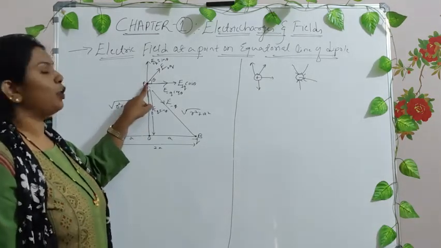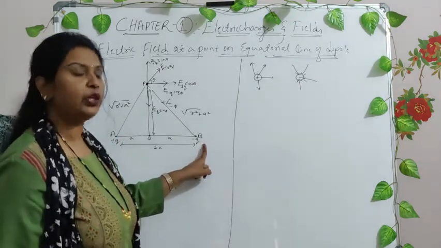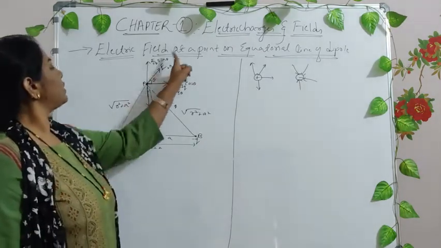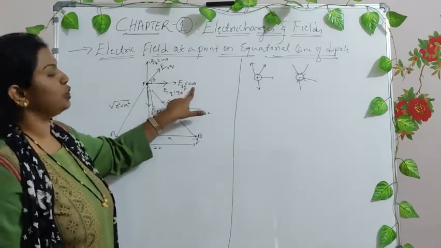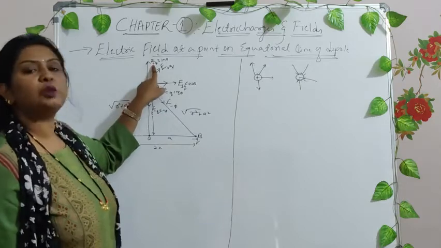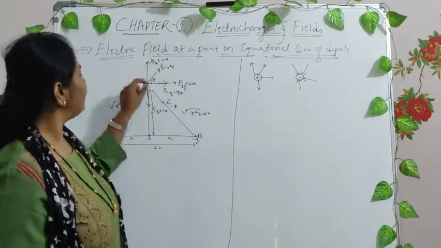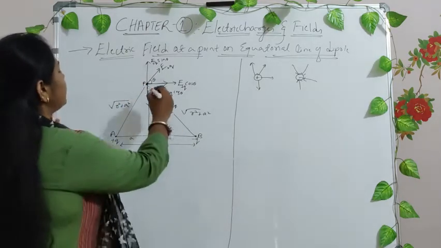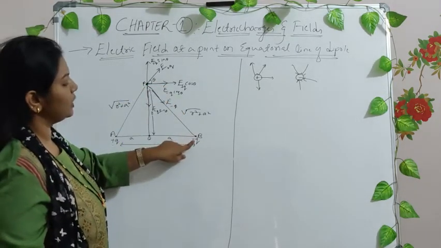Now at this particular point there are two electric fields acting, one because of positive Q and one because of negative Q. The one because of positive Q is outwards, that is E positive Q, which is resolved into two components, E positive Q cos theta and E positive Q sin theta, right? You have another component of electric field due to B, which is again further resolved. It is towards B, that is towards the charge. Why?